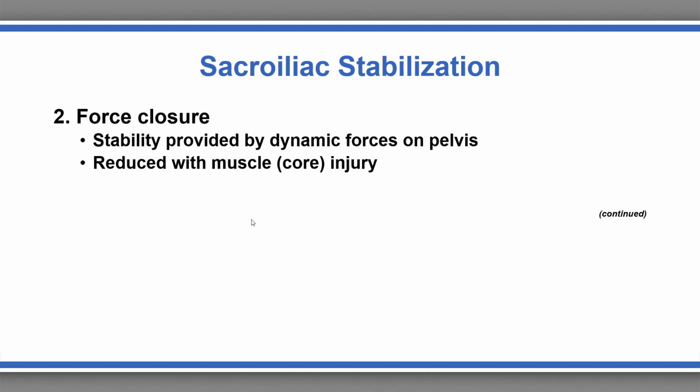These include the transverse abdominis and the pelvic floor muscles. These two muscle groups are integral to force closure and pelvic stabilization, particularly during movement. Once again, force closure, or the stability provided by dynamic forces that act on the pelvis, can be reduced with muscle core injuries.